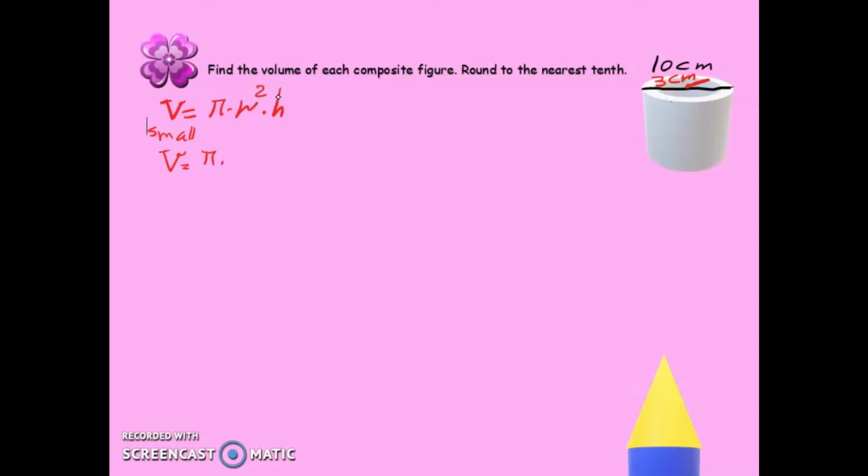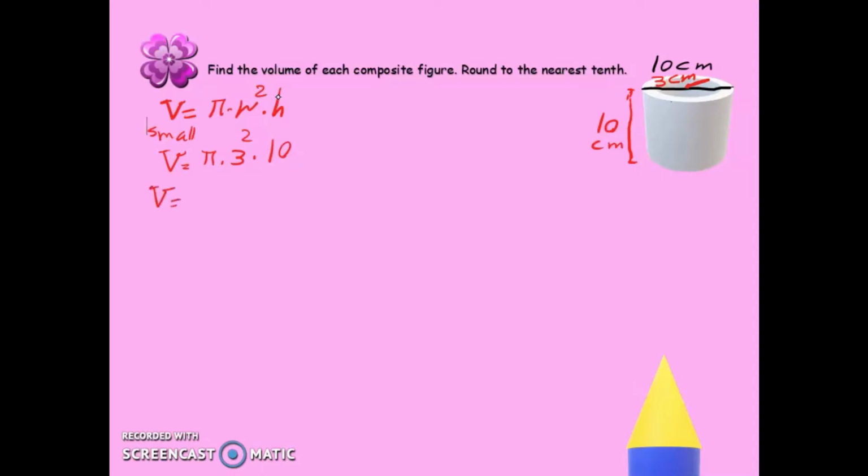R, which is the radius of the small cylinder, is 3 squared, and height, I didn't give you height, let's say the height be 10 centimeter, from top all the way to bottom. So therefore multiply by 10.